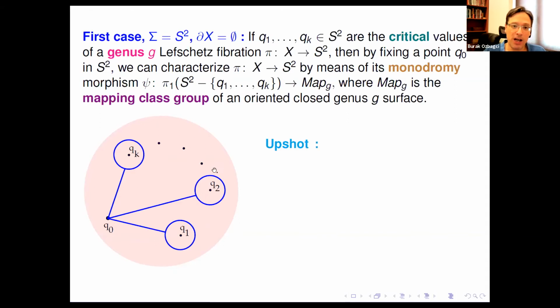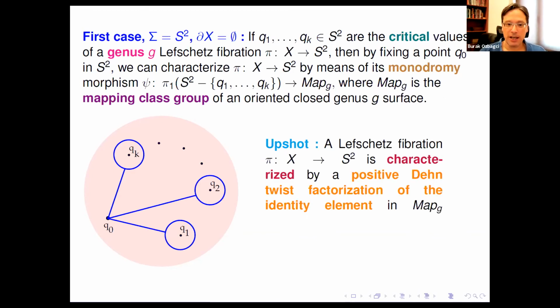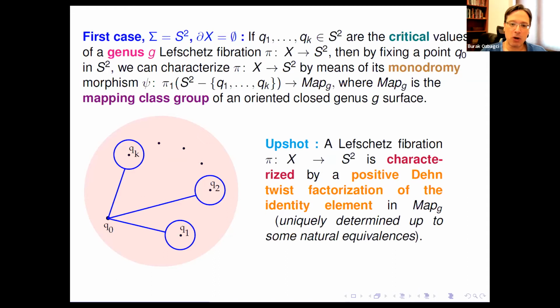And therefore, the upshot of this discussion is a Lefschetz fibration from a total space manifold onto S2 is characterized by a positive Dehn twist factorization of the identity element in Map G. Well, this is uniquely determined up to some natural equivalences, which I don't want to go into because of the time restriction.